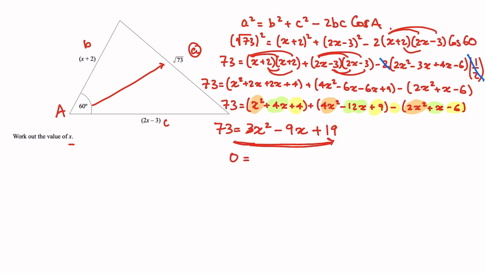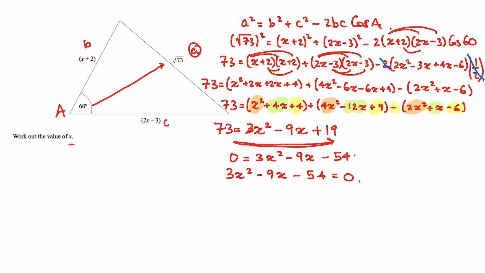So now if we move the 73 from the left hand side to the right hand side, that becomes 0, is equivalent to 3x squared minus 9x, and plus 19 minus 73 gives us minus 54. And now we can rewrite this as 3x squared minus 9x minus 54 is equal to 0.